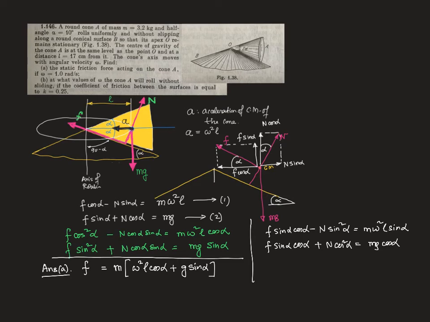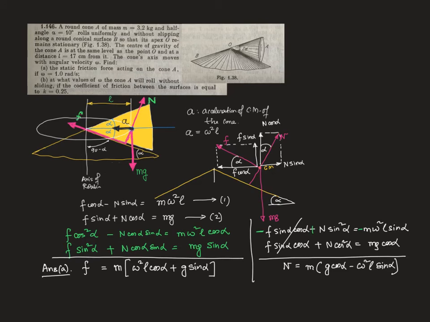Now you can subtract the two equations. The F terms cancel, and N is equal to m multiplied by g cos alpha minus omega square L times sin alpha. So we have also found N.